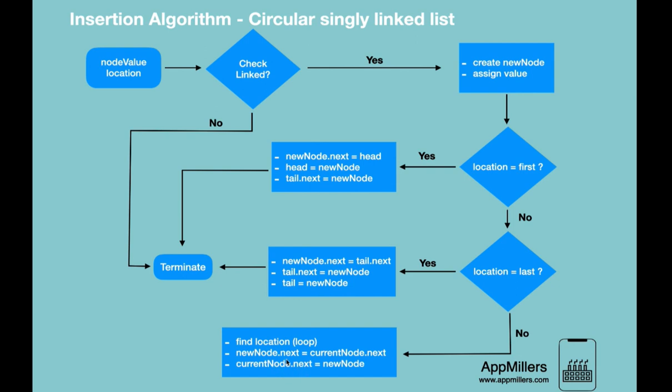Then we change the current node's next reference to point to the new node. With this, we insert the new node between the current node and the next node. After performing this operation, we terminate our algorithm, because we have completed an insertion of a new node in the middle of the circular single linked list. So with this, our insertion algorithm is completed.